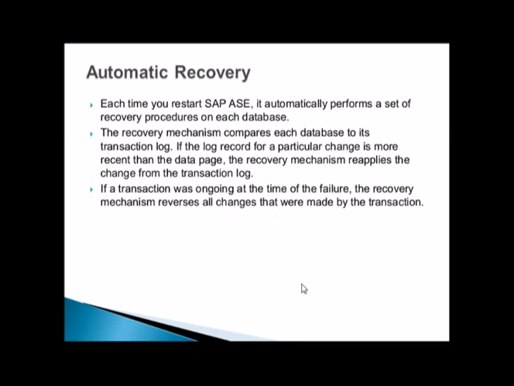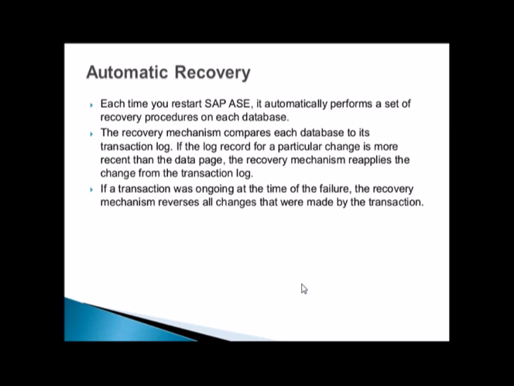Each time you restart your SAP ASE, it automatically performs a set of recovery procedures on each database. The recovery mechanism compares each database to its transaction log. It is similar to Oracle, what is stored in the header file, what is the status. So if the log record for a particular change is more recent than the database, then the recovery mechanism reapplies the change from the transaction log.